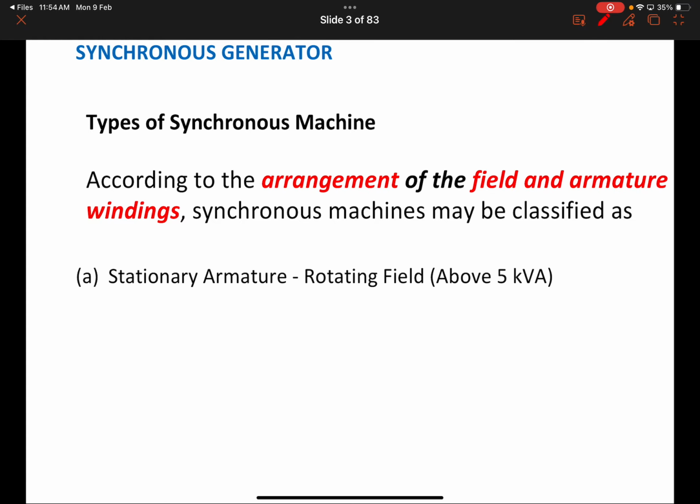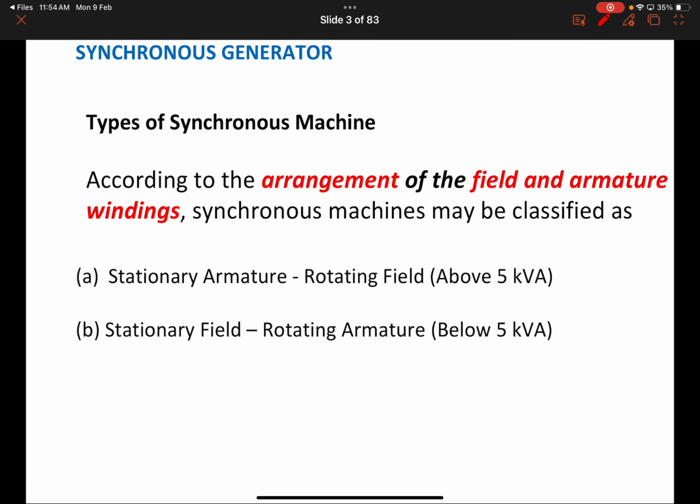So there are two ways to generate power here. We already discussed that; I have been saying the same thing since last semester. To generate EMF, what do we require?